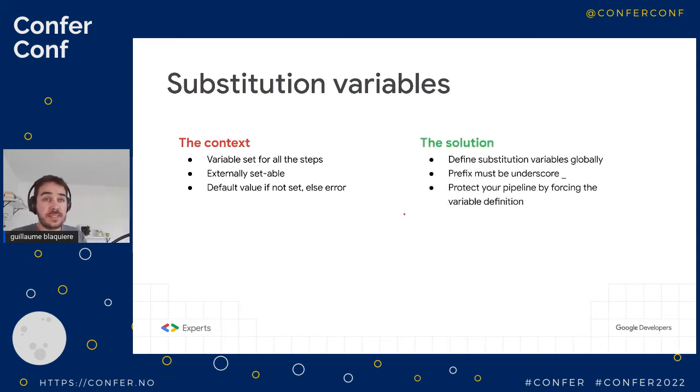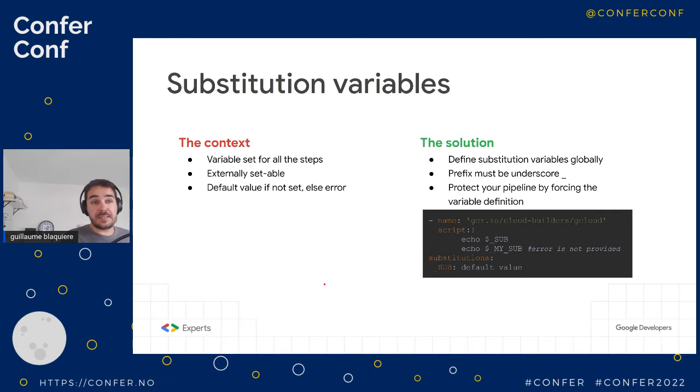The solution for that is to use substitution variables, and a constraint is to start all your substitution variables with underscore. Like that. In fact, you can have my sub here.